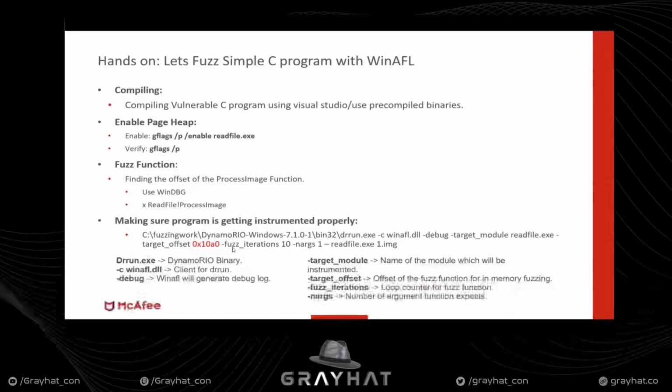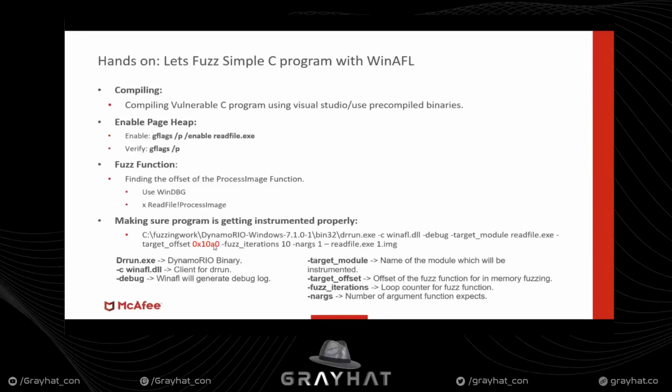And then there is another option, that is fuzz iteration. So that is 10. What fuzz iteration means is that WinAFL will start instrumenting your target module, then it will reach the target offset, and then it will call the pre-fuzz handler that will actually save the state of your system. Then it will let your first function execute, whether it crashes or hangs or whatever, and as soon as this function finishes execution, it will call the post-fuzz handler.